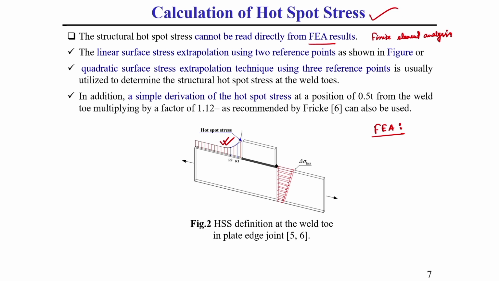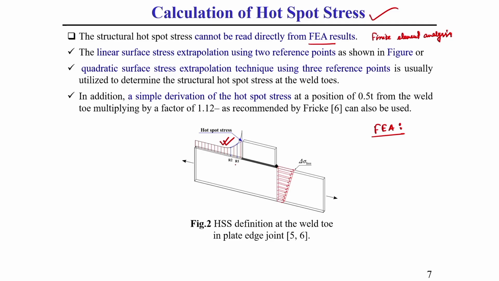First of all, that stress distribution we need to find out. After that, we need to choose 2 points, and those 2 points should be a little bit away from the toe location of that weld joint. Let us consider this R1 point and R2 point.